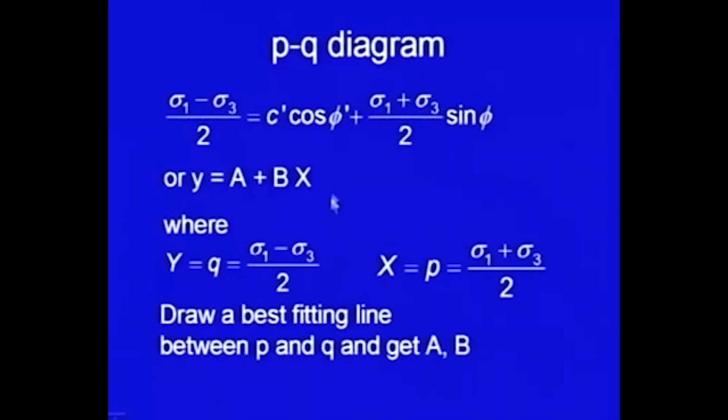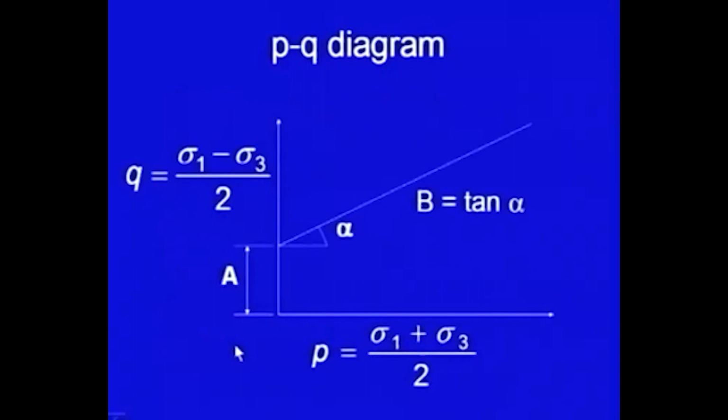You can get these p, q values for different tests. You have the test data: for different sigma 3 values you have different sigma 1 values. You can get p, q values and then draw a best fitting line. Here on the x axis I am plotting p, on the y axis q, and then this is the best fitting line.